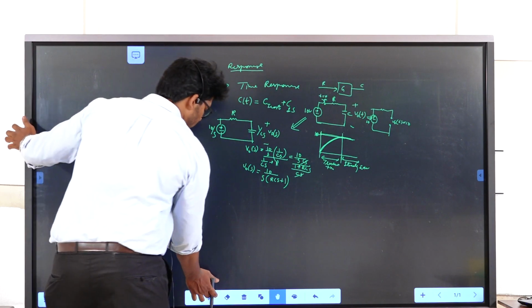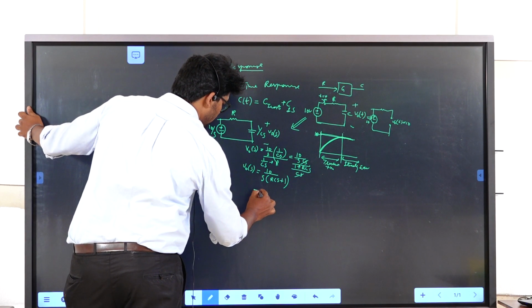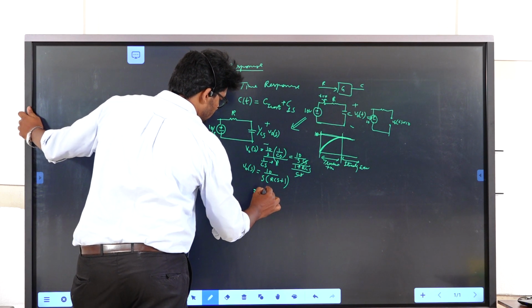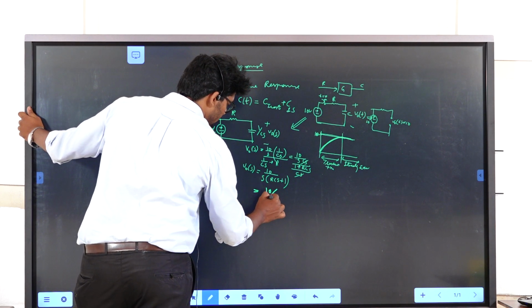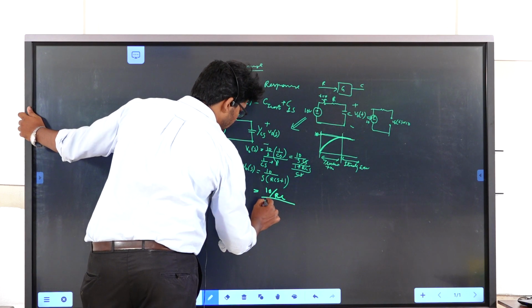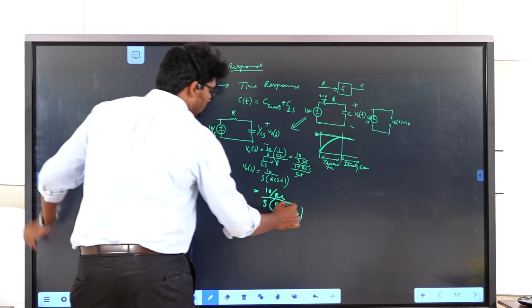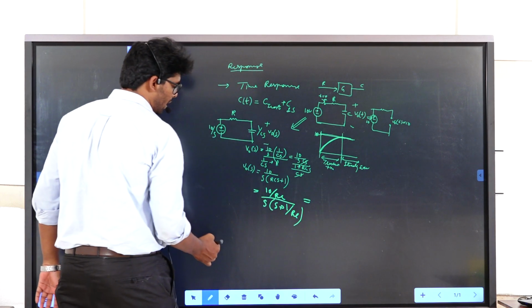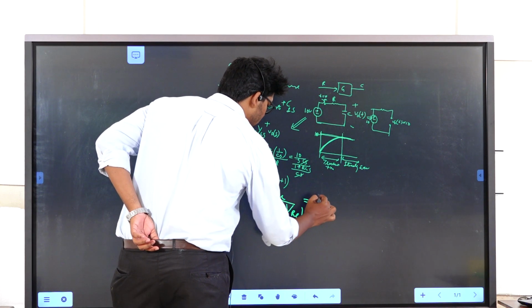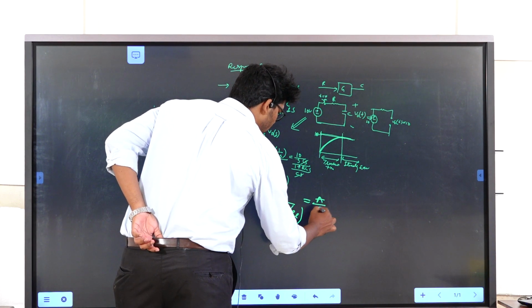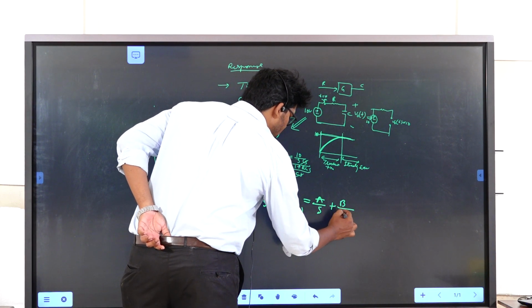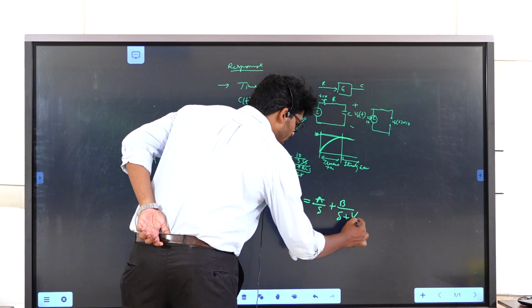If you take RC outside, we have 10 by RC divided by S plus 1 by RC. Further, doing partial fractions, we have A by S plus B by S plus 1 by RC.